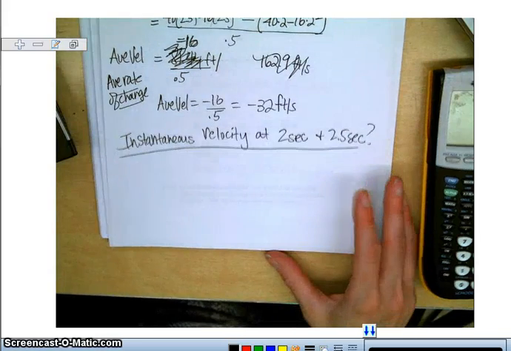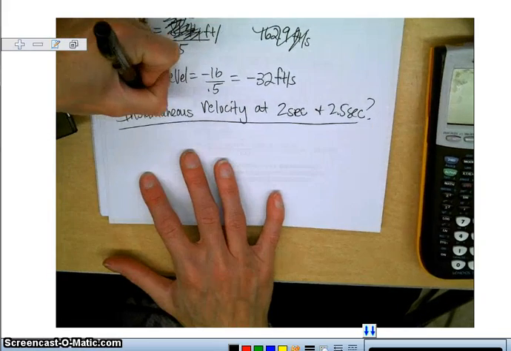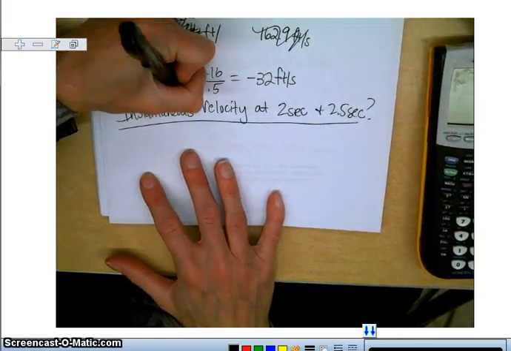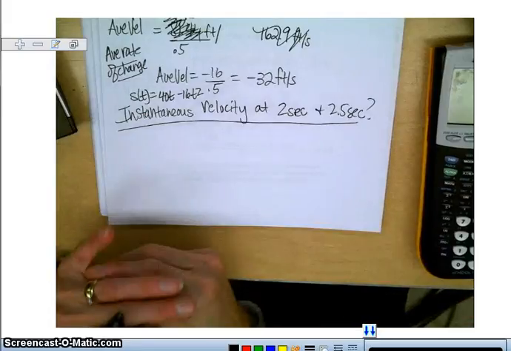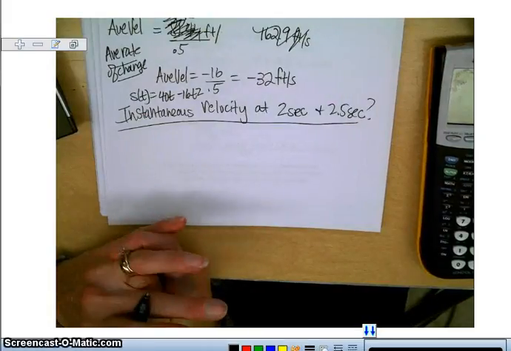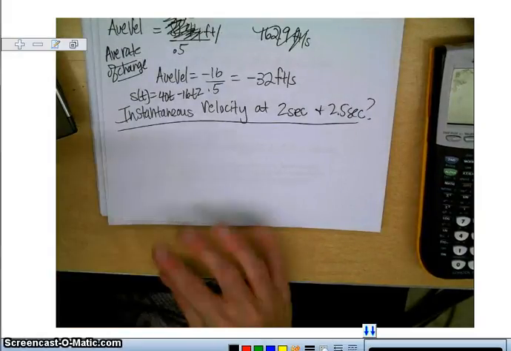So just going with the same position function, s of t is 40t minus 16t squared. What would be the instantaneous velocity at 2 and 2.5 seconds? What did I tell you the instantaneous velocity is? The formula is derivative.